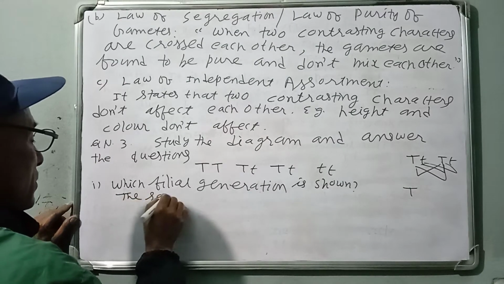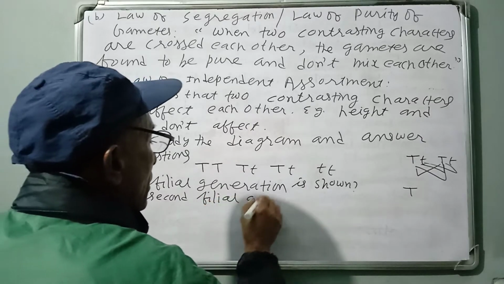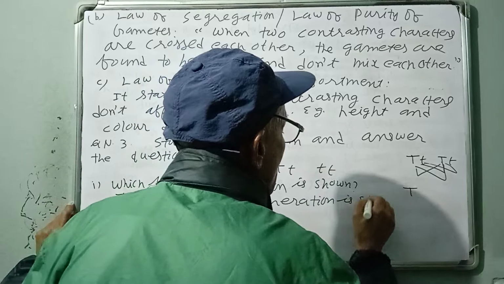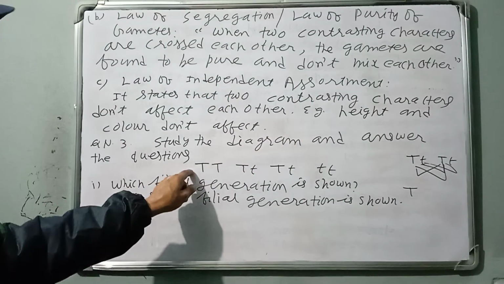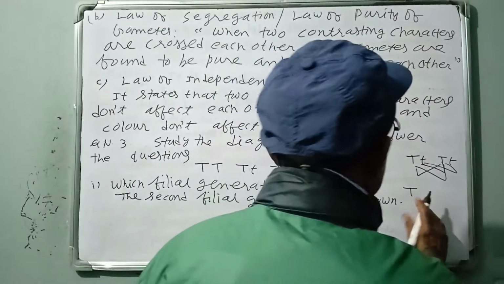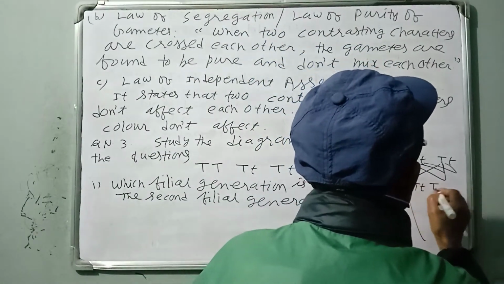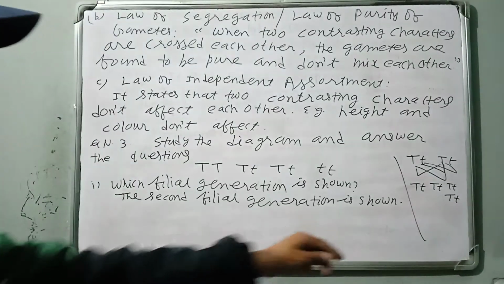The second filial generation is shown, because in the F1 generation, see, F1, all are capital small, all capital.